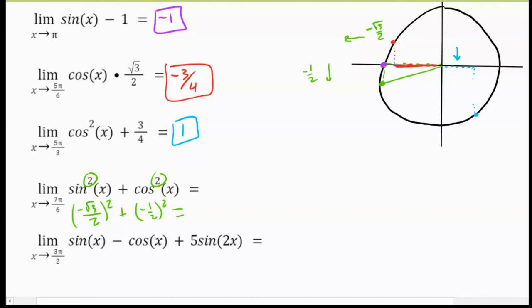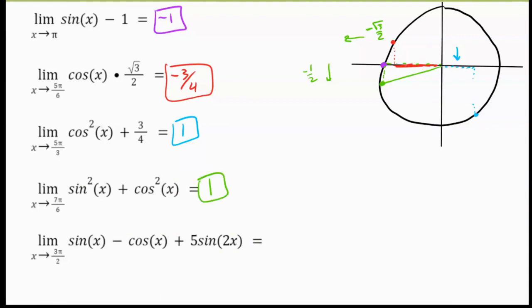Negative root 3 times negative root 3 is positive 3. 2 times 2 is 4. So this became 3/4. Negative 1/2 times negative 1/2 is positive 1/4. 3/4 plus 1/4 is 1. And just like I expected, my answer for this limit is just 1.